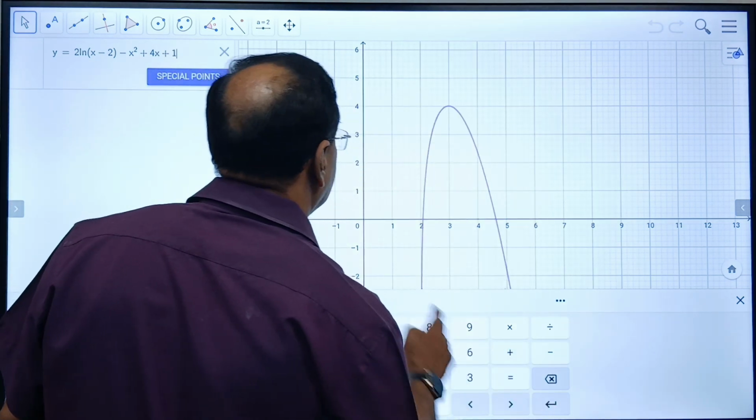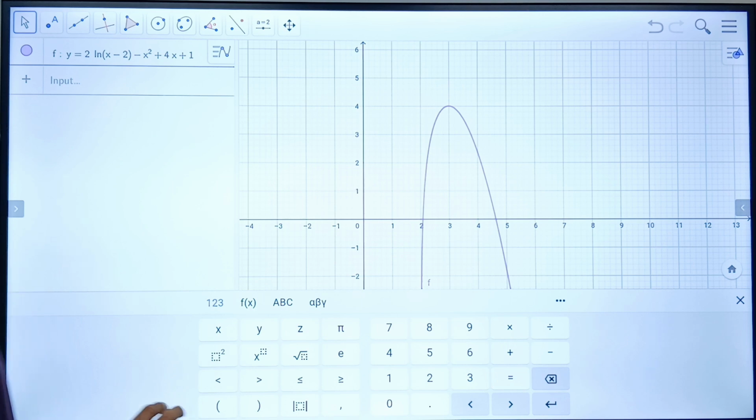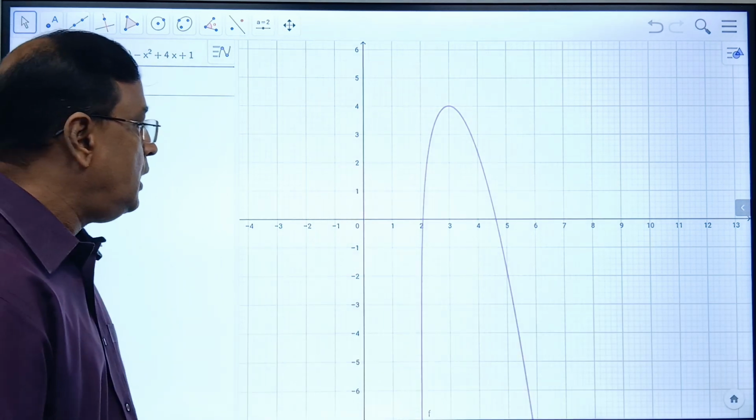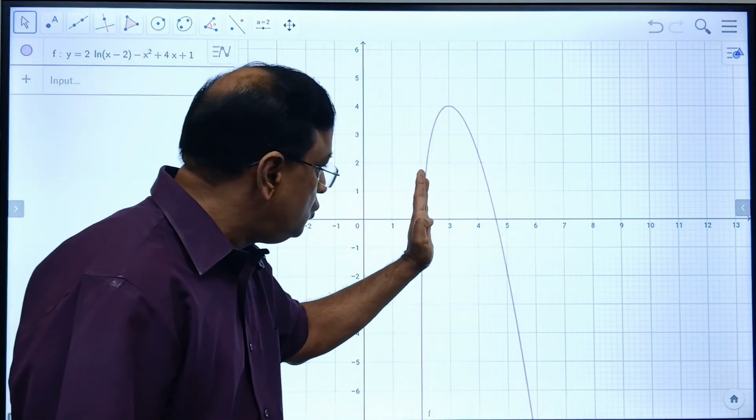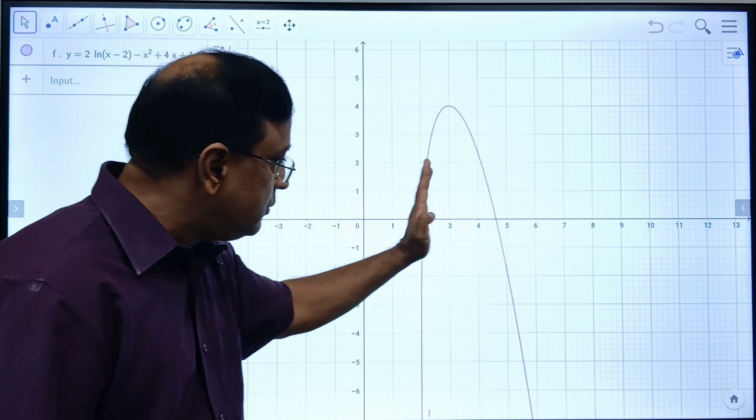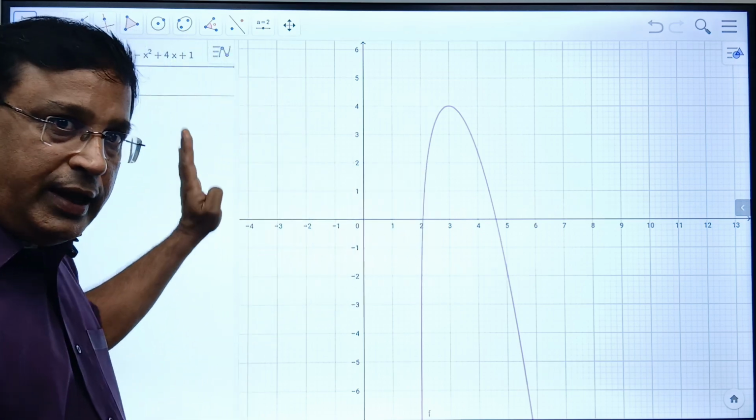Look at it. So this is the graph. And you see the graph does not go below 2. That is why x is greater than 2.